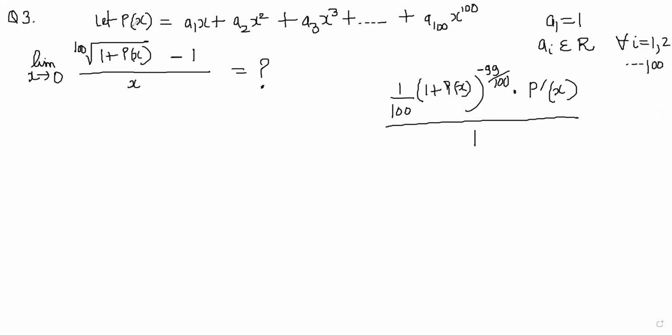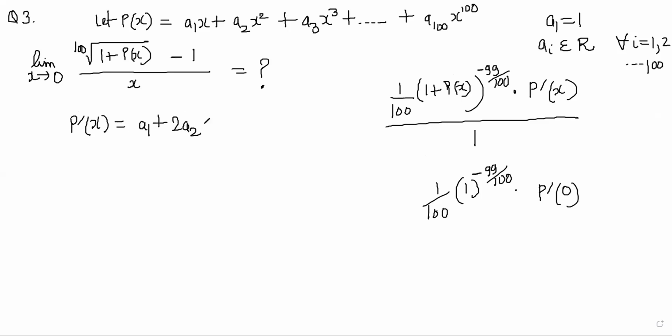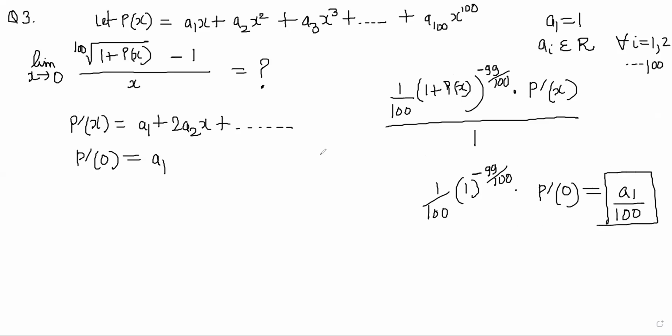Notice that p of 0 is 0. So it is 1 by 100, 1 power minus 99 by 100 multiplied by p dash 0. Once you differentiate, p dash x will be a1 plus 2a2x and so on. So p dash 0 is simply a1. So this becomes a1 by 100. That is one way to do it.